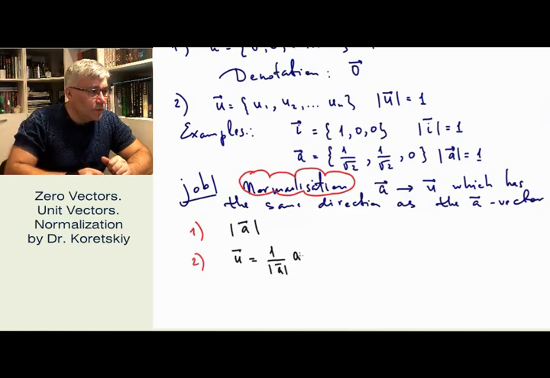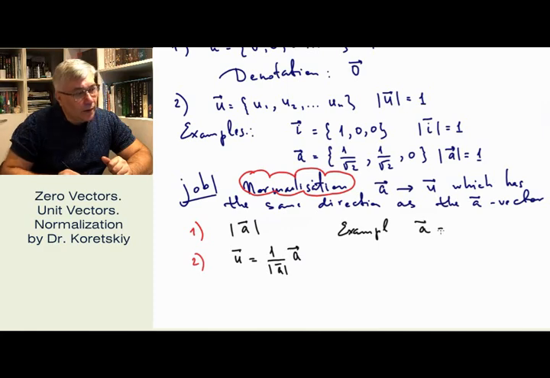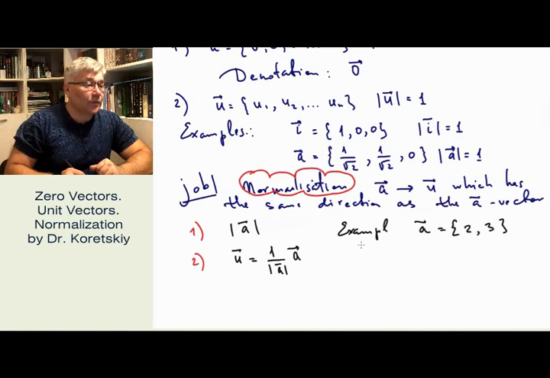To calculate the unit vector, it is the vector A multiplied by 1 over the magnitude of this vector. This operation is known as normalization.